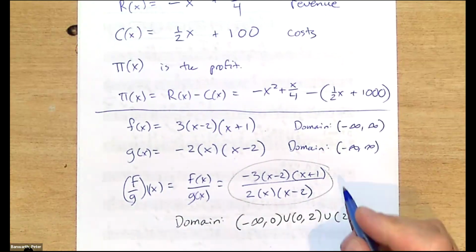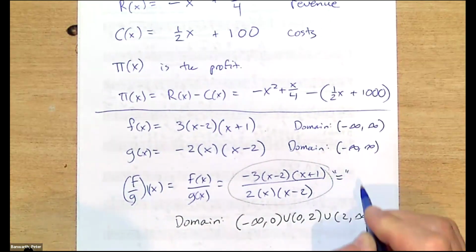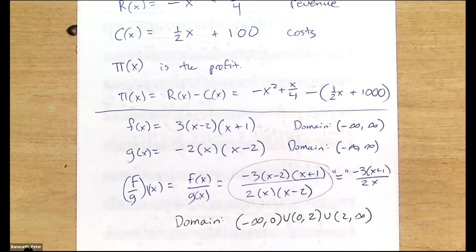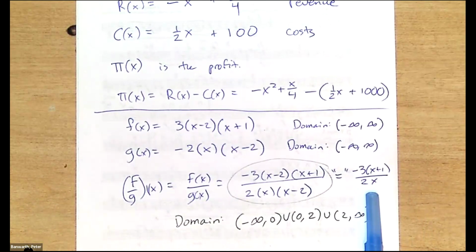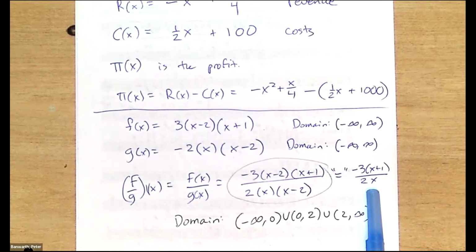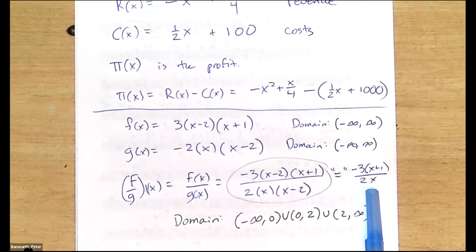But if I had written the simplified version, what would you tell me the domain is? Everything except, and you're missing the problem. Don't simplify combined functions for 6.1 or 6.2.